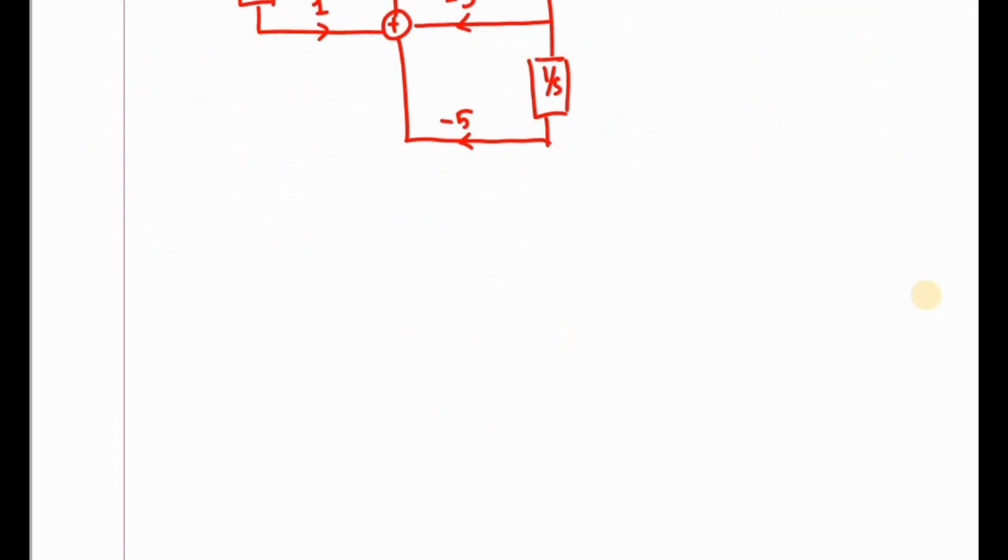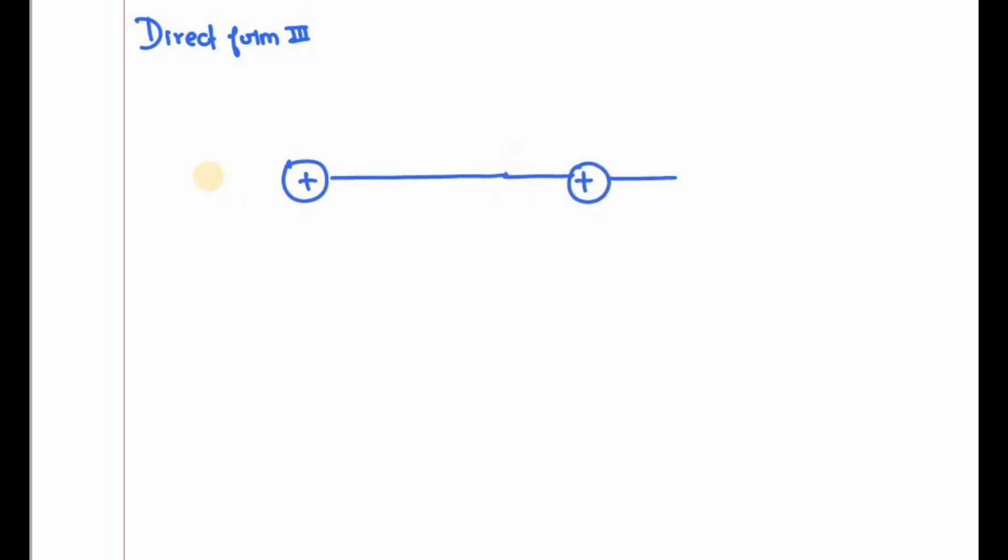So next I can go for the direct form 2 realization. Direct form 2 realization. So here you have this region. So this is your x of s and this is your y of s.